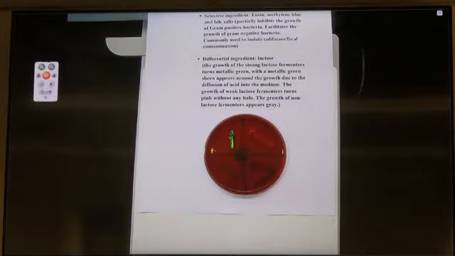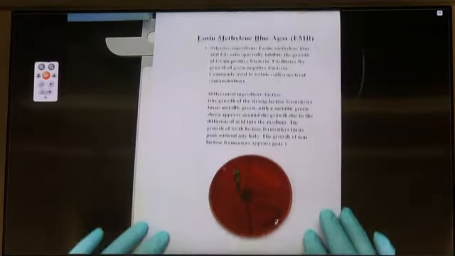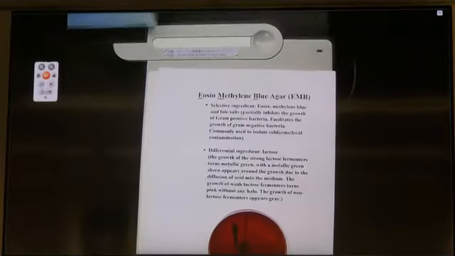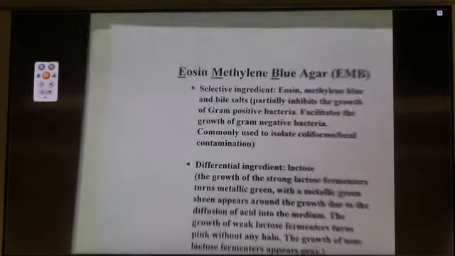And the indicator of fecal contamination is E. coli. If you suspect your food or water or any other beverage is contaminated with coliform bacteria.